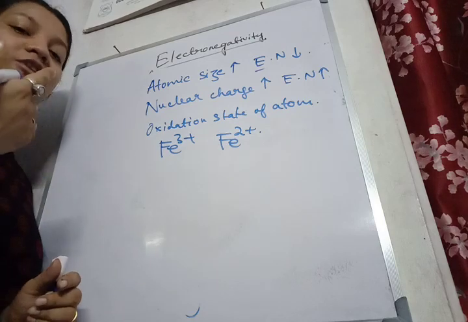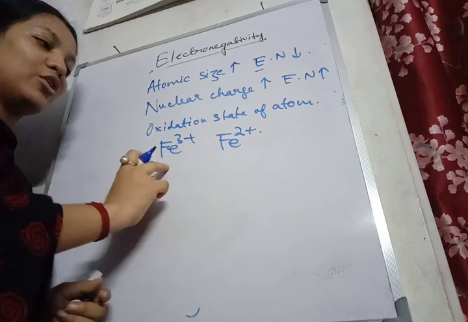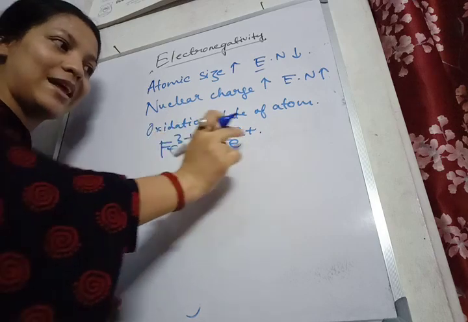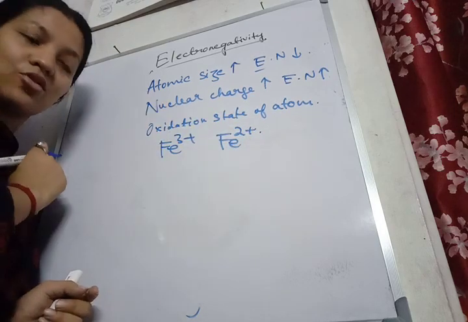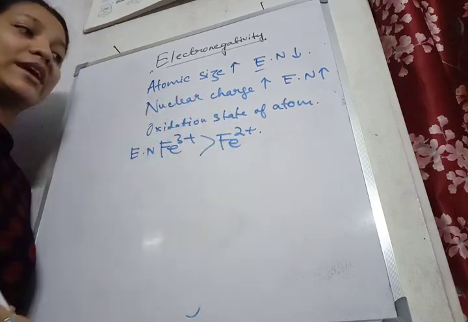So it will have more electron attracting power. As a result, electronegativity will increase. Here you see Fe3+ has a more positive oxidation state than Fe2+, so it will be more electron deficient and will attract the electron strongly. So its electronegativity will be much more than that of Fe2+.